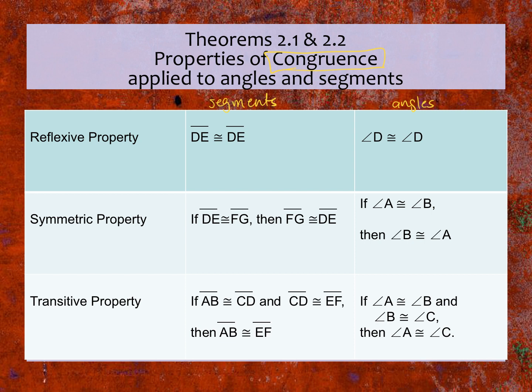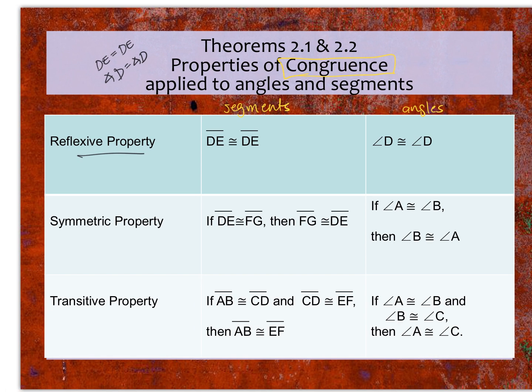Yesterday's chart had something like segment DE equals segment DE, and we had something like angle D equals angle D. That went with the reflexive property of equality, where basically we're saying that the segment length is the same, it equals itself. So in this one, notice that we're saying congruent, right?